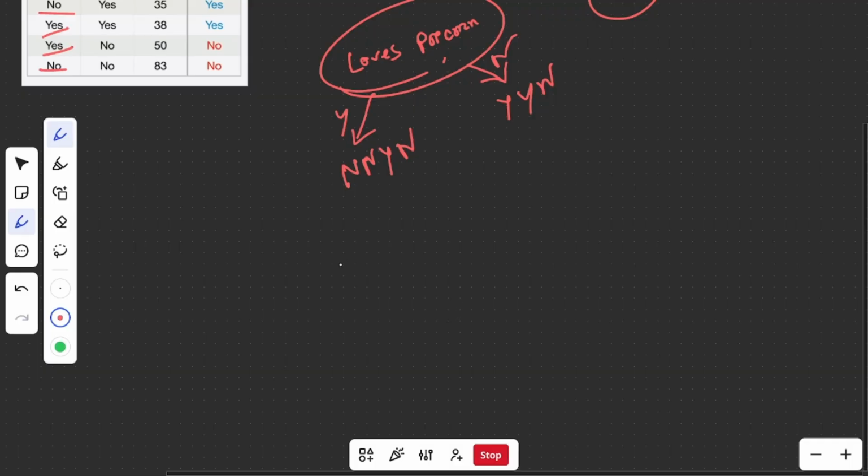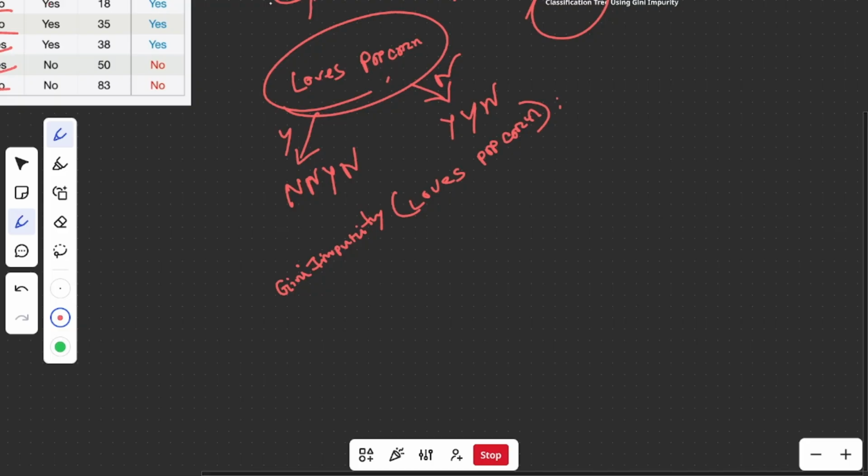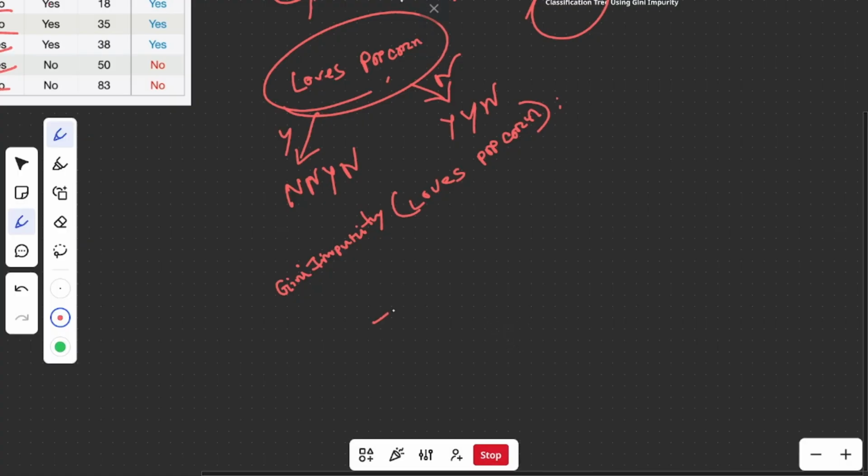So let's find the Gini impurity of Love's popcorn. For that, we have to count the whole columns, like yes, no. There are 7 attributes, so this is divided by 7.